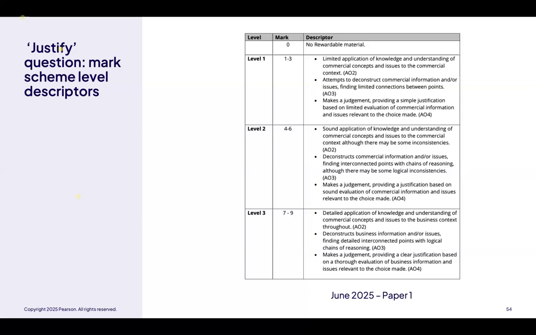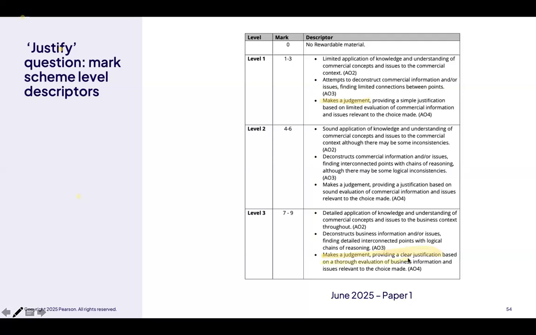But what we've introduced now, because justify questions are worth 9 marks and require balance, is a third bullet point, and the third bullet point is evaluation. This is where students are required to offer some sort of balance to their response. They haven't had to do this before. A clear justification, a thorough evaluation.